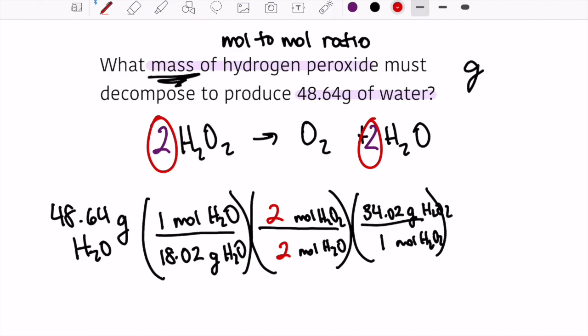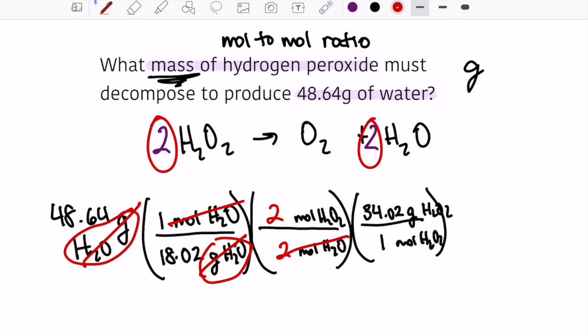So looking at these units, we want to have these cancel each other out. So cancel those grams of H2O. Then you see you're in moles, and you want to cancel those moles out. But you also see moles at the top, which is why it's really important to write out what molecule you're working with, because you wanted to get to moles of H2O2, and you want to cancel out those moles of H2O.